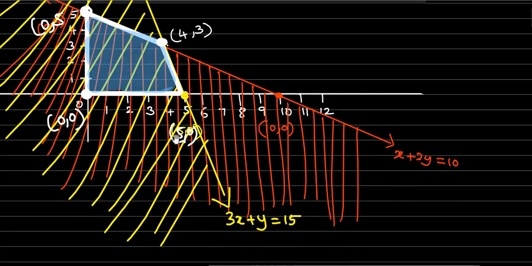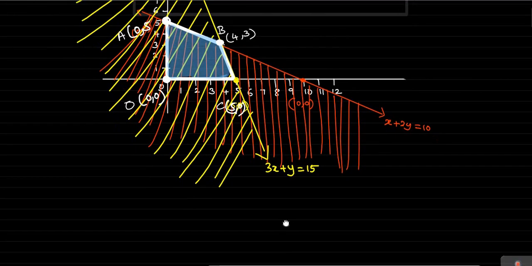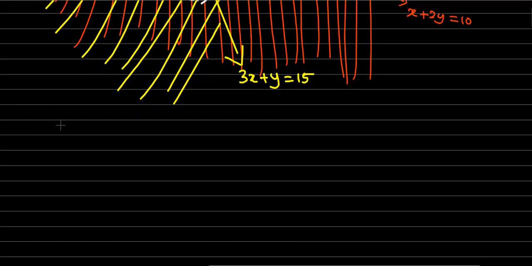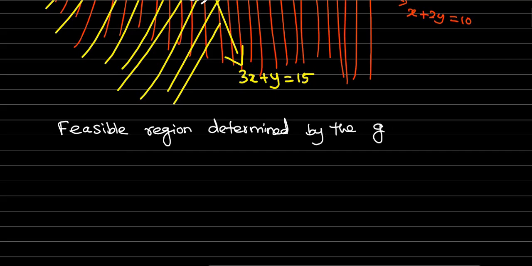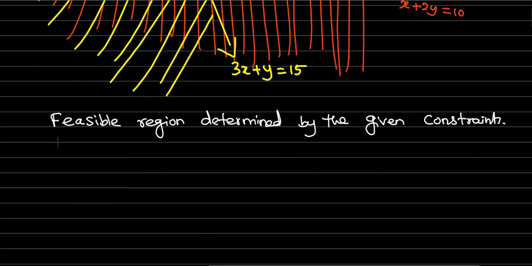Now let's name these O, A, B, C. The feasible region determined by the given constraints is also bounded.